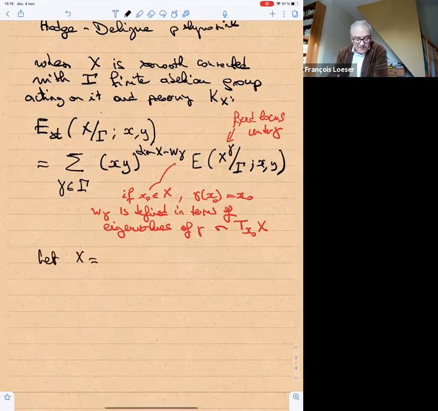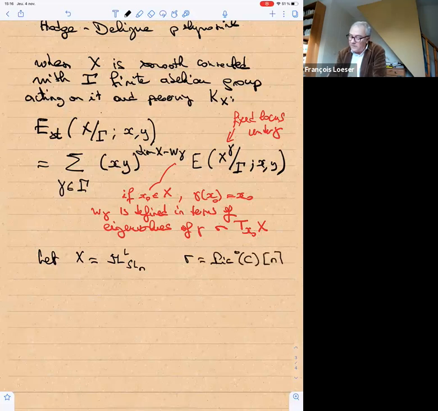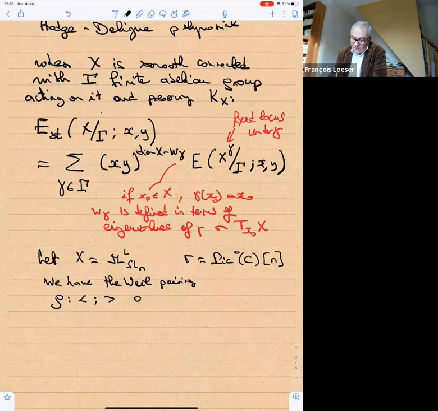So consider the special case we are interested in. So this X with gamma as before, the n-torsion of Pic zero. We have the Weil pairing on gamma.